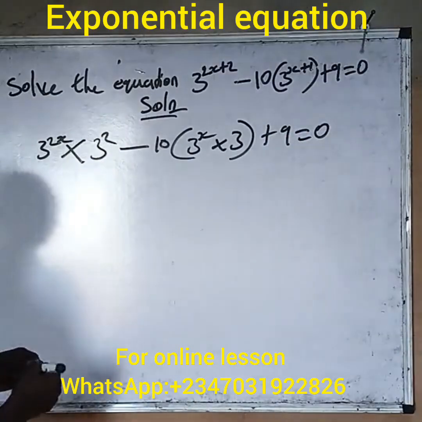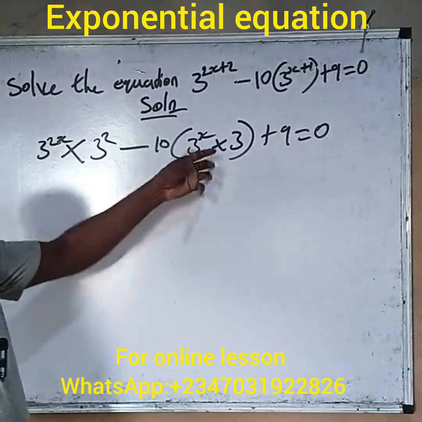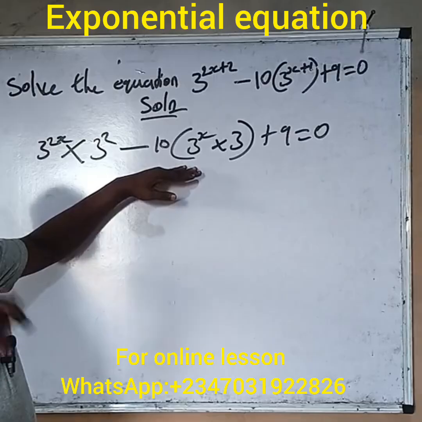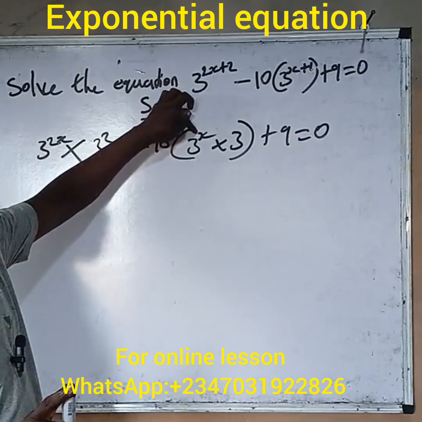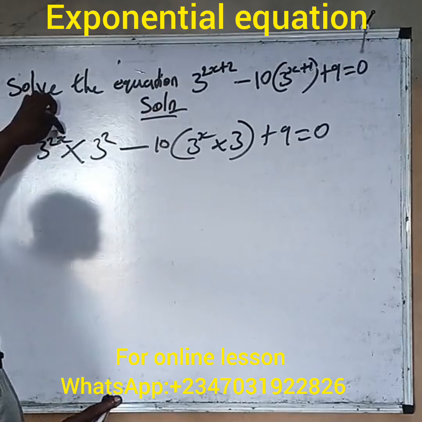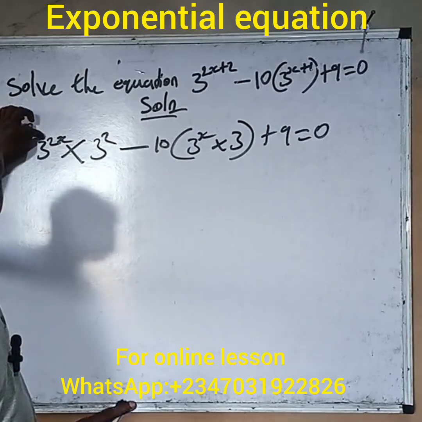Now, having done that, we will make sure that we have a common term here. What is the common term? The simplest term is 3 raised to power x. Here we have 3 raised to power 2x, so I have to make it also have 3 raised to power x by obeying the power law of indices.